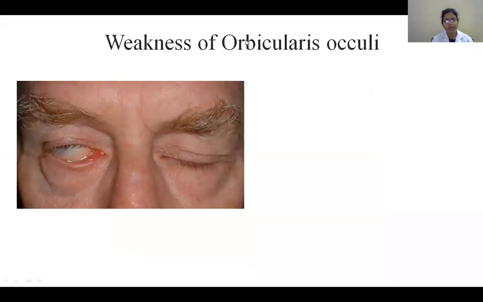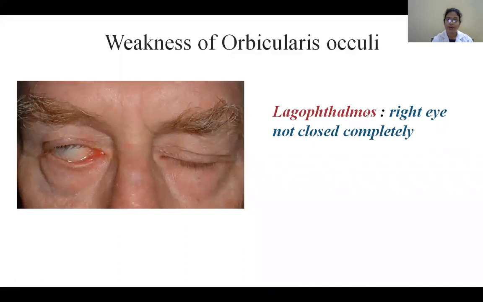Next, when there is weakness of orbicularis oculi, look at this eyelid. There is failure of upper eyelid closure. This phenomenon is known as lagophthalmos, meaning there is inability to close the eye completely.